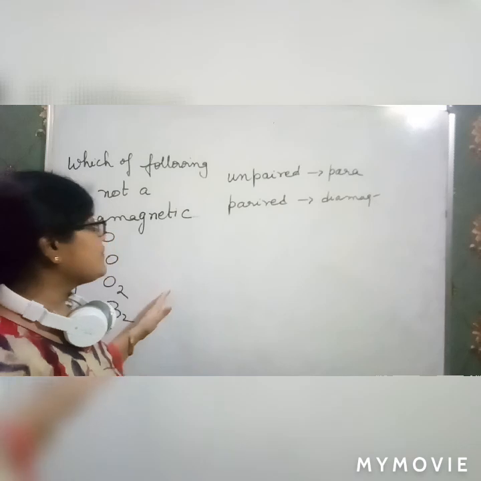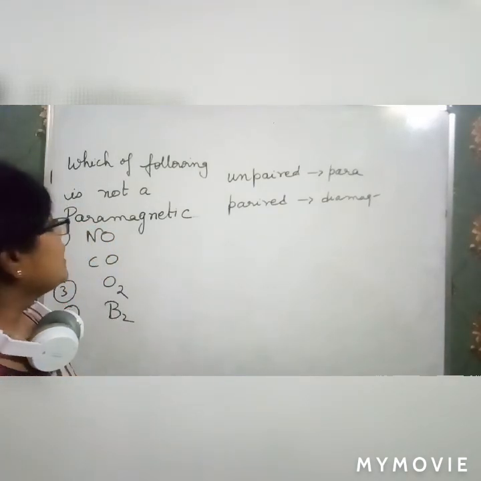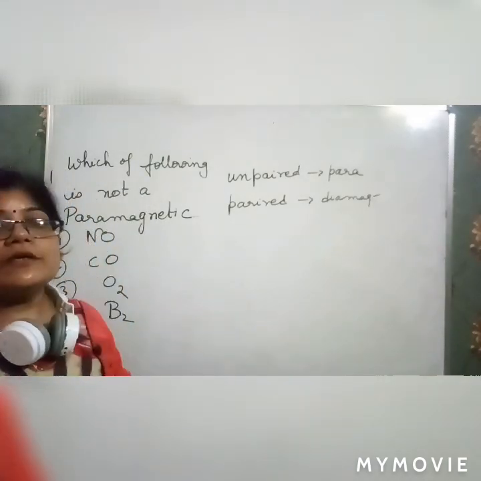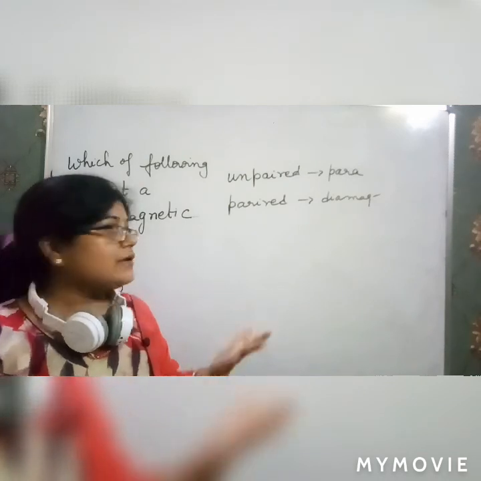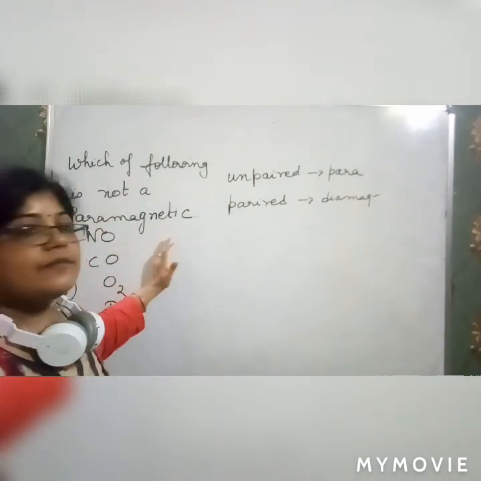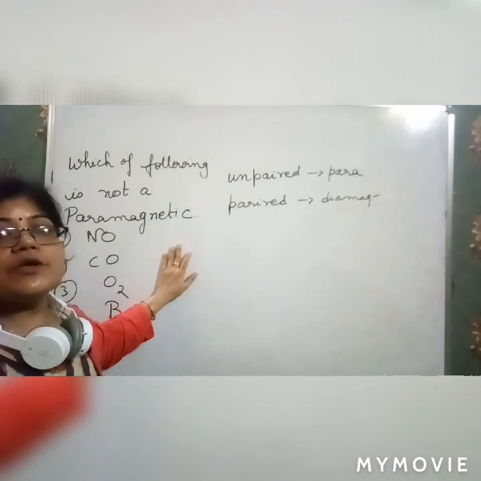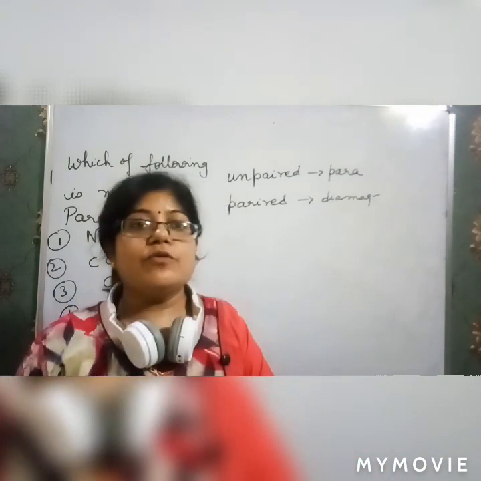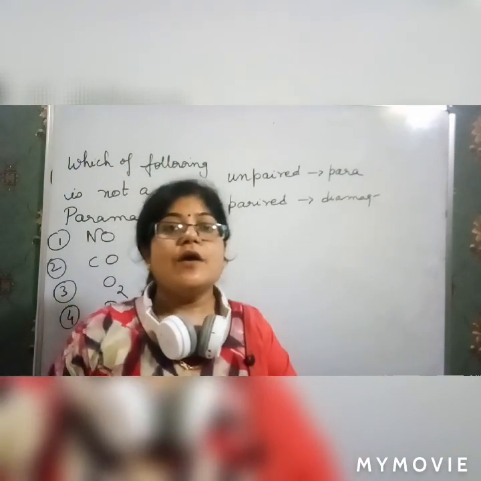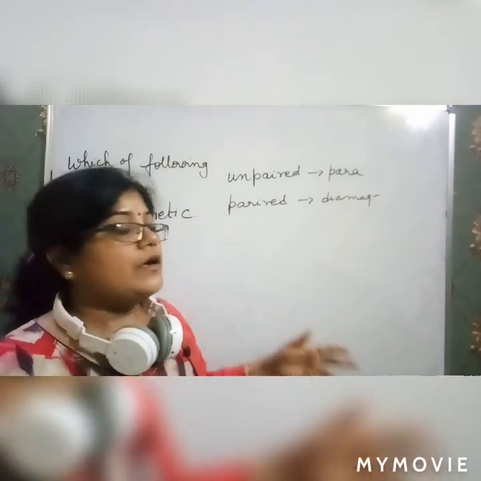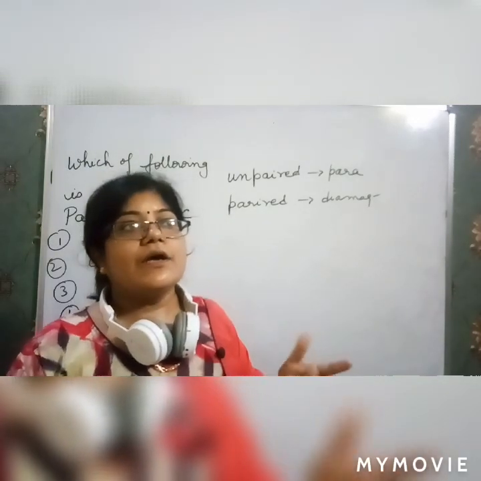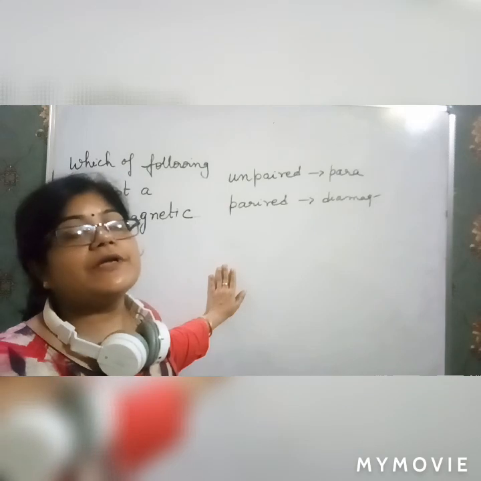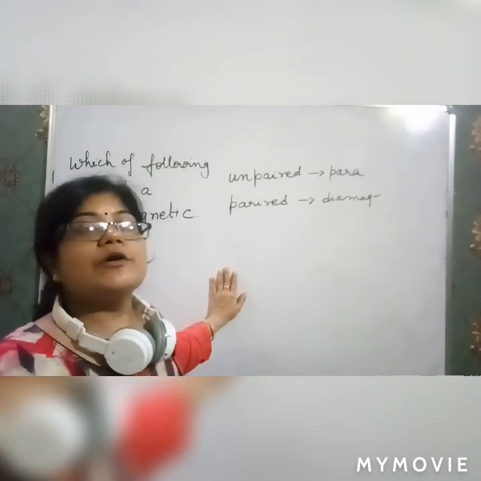And I'm just solving this type of concept here, and I made a separate video in which I explain how the molecular orbital theory helps us to understand the different behaviors, like whether a molecule is paramagnetic or diamagnetic, what the stability of the molecule is, which is more stable, less stable, what the bond order is, and what the bond length is. And similarly we can also find how much bond is present there, whether it is a single bond, double bond, or triple bond.